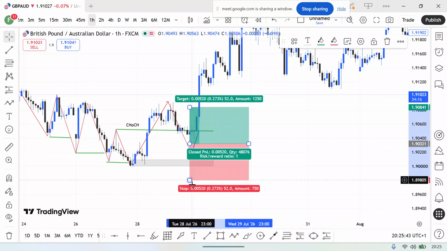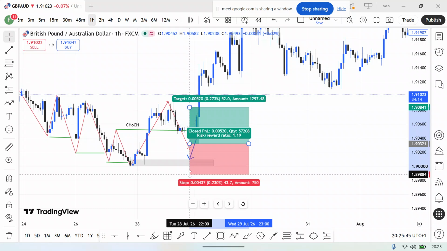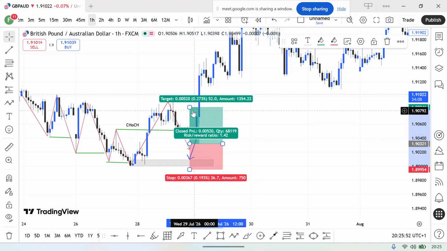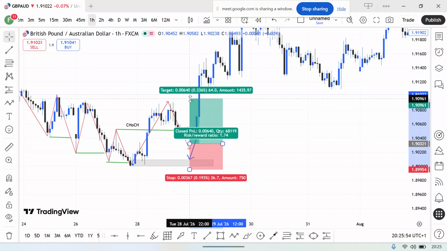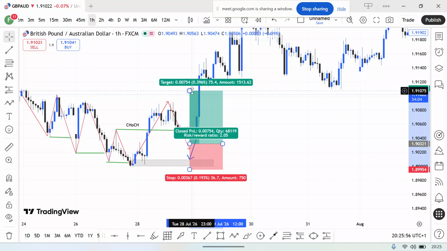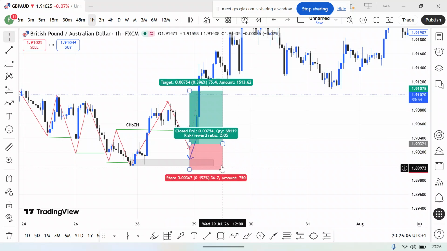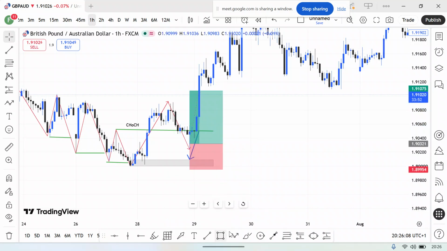Take your buy, place your stop loss a few pips below the hash box, and what's your goal? At least 2 times what you're risking. Did it hit your take profit? Yes. Good. So we made money here.